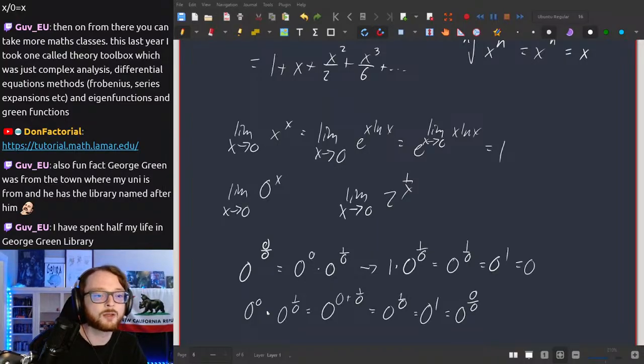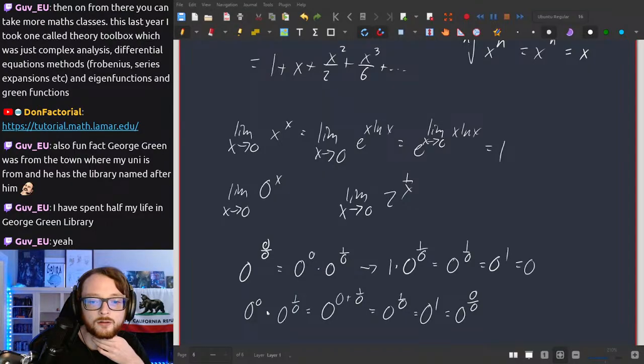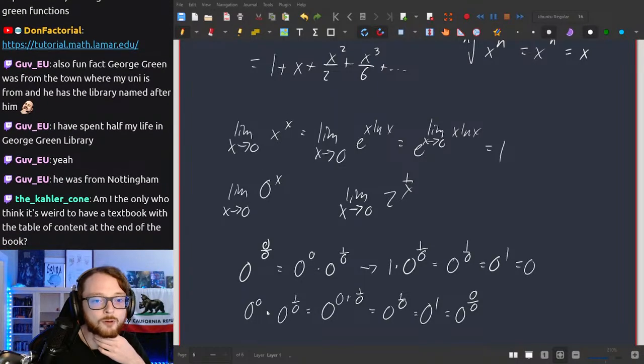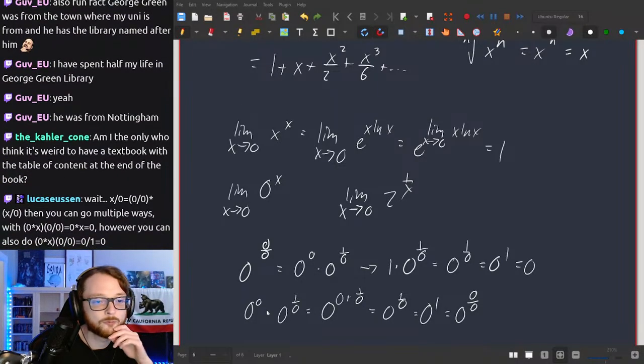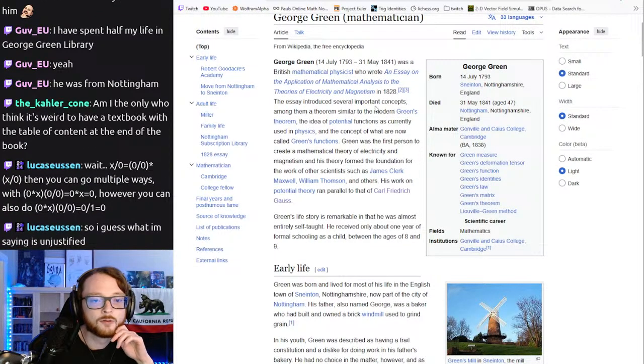Should there be an E on the end of that? Or what I'm saying, Green's theorem, I mean like the double integral equals a line integral. He was from Nottingham.